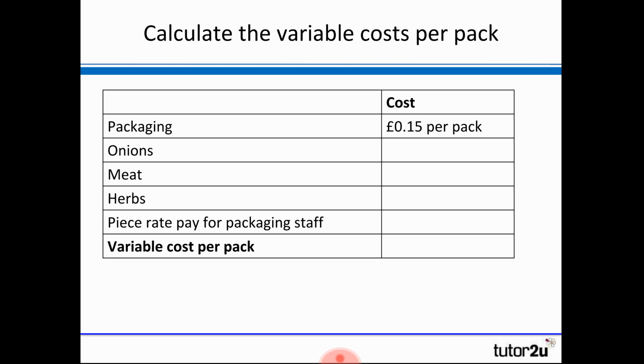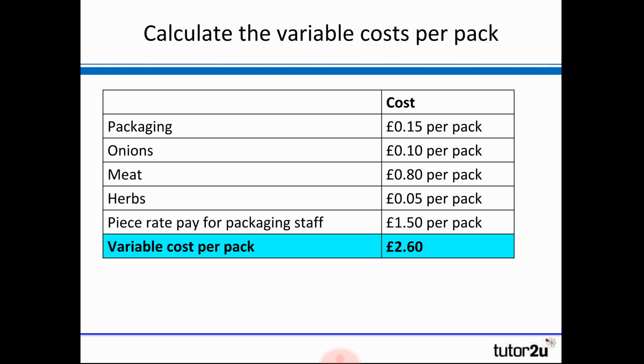So that's 15p per pack for packaging, 10p per pack for onions, 80p per pack for meat, 5p per pack for herbs, £1.50 per pack, the piece rate pay for packaging staff, and the variable cost per pack is £2.60.